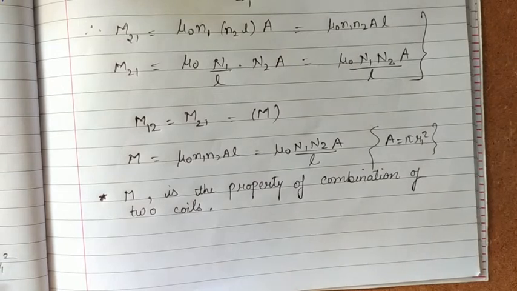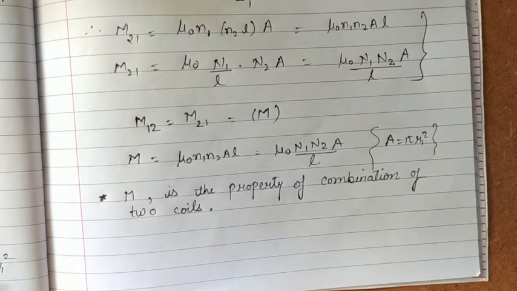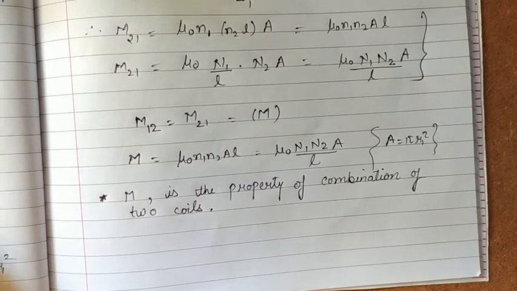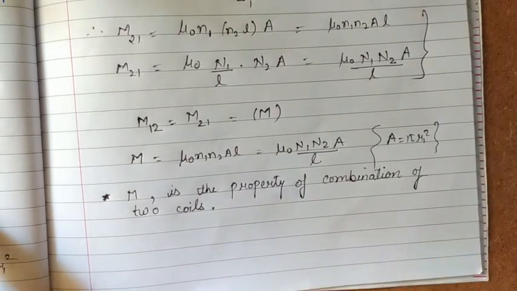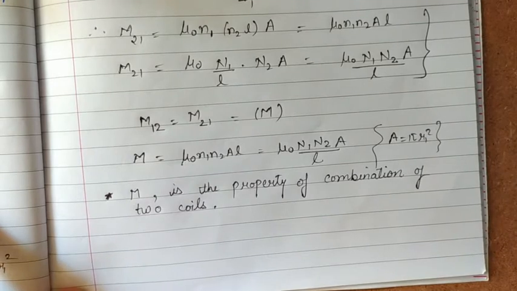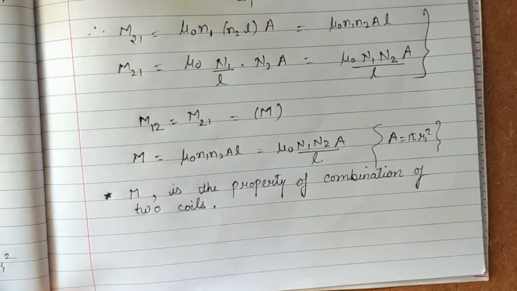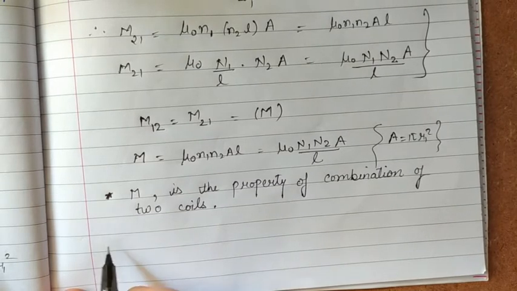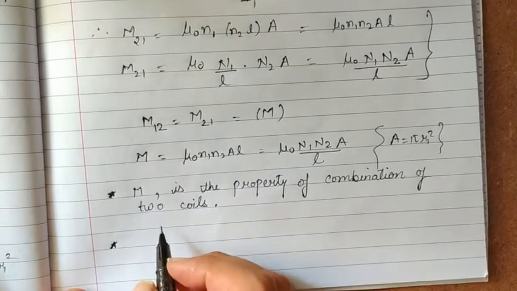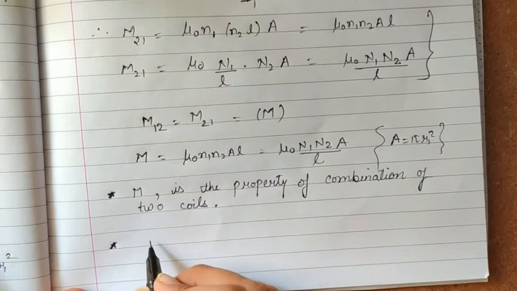Means if we find M12, if we flow current I1 from S1 and see how much current is induced in I2, or vice versa, in both case the value for mutual inductance will remain same. It is a property of combination of these two coils, and it doesn't matter which one of them is primary and which one of them is secondary, and this property is known as reciprocity theorem.